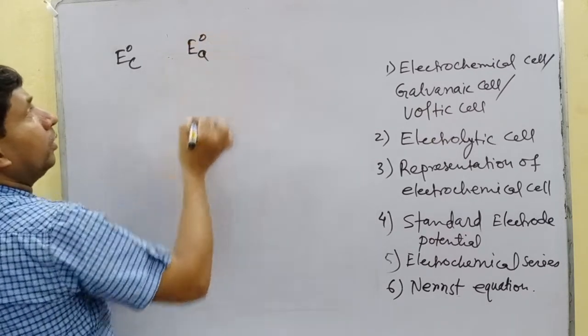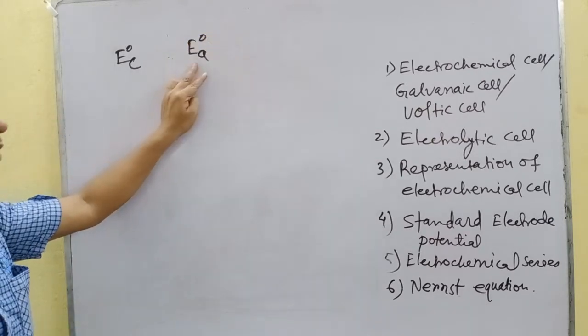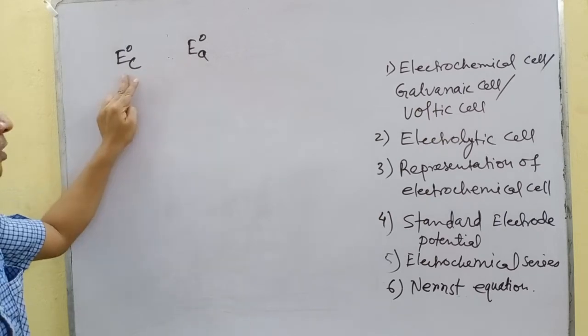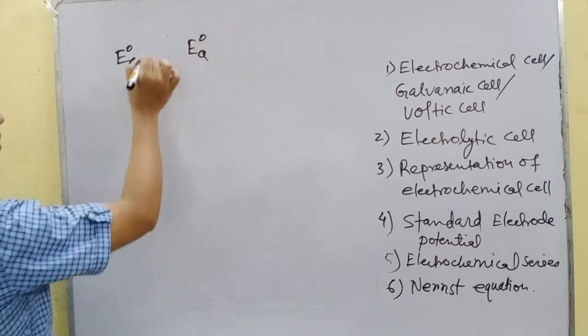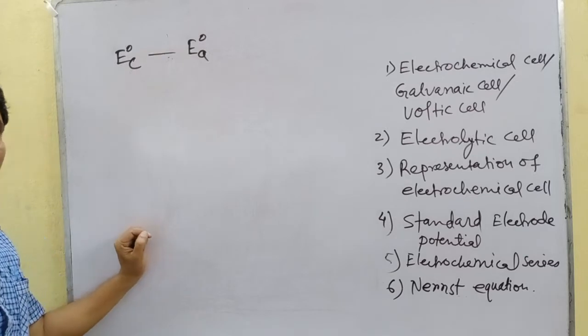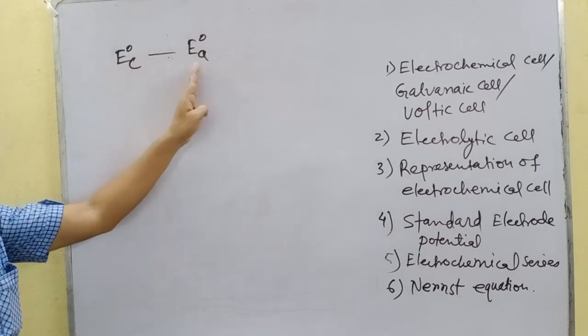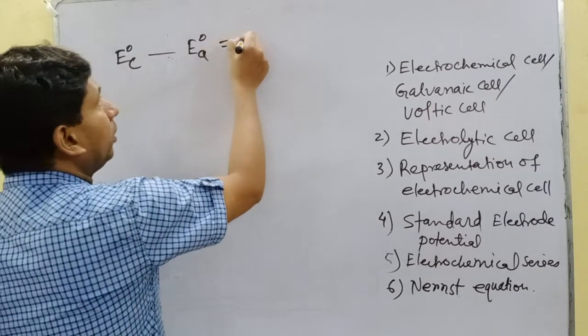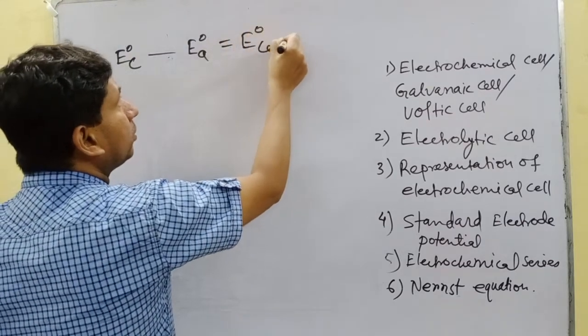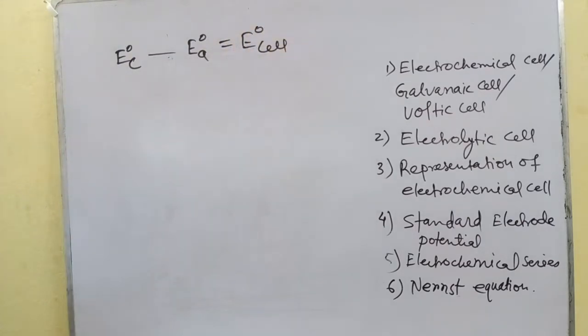E0 anode, the standard electrode potential of anode, standard electrode potential of cathode, and the difference between cathode minus anode equal to E0 cell, that's E0 cell, okay.